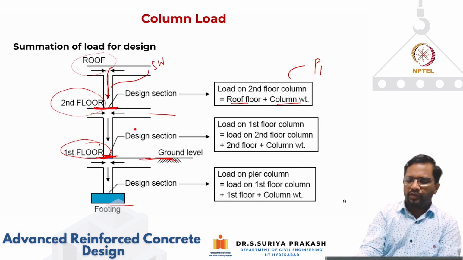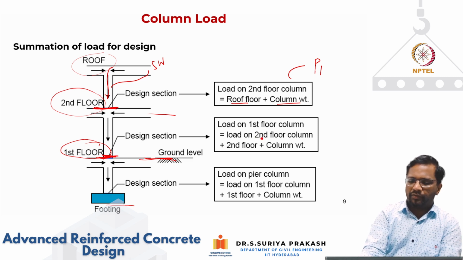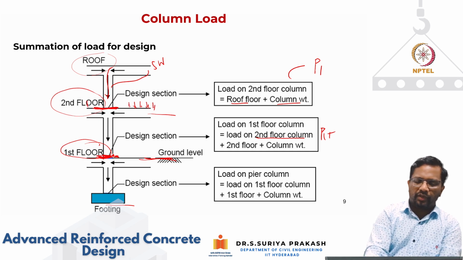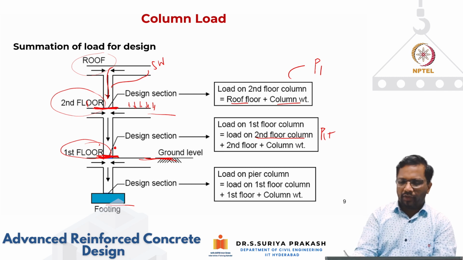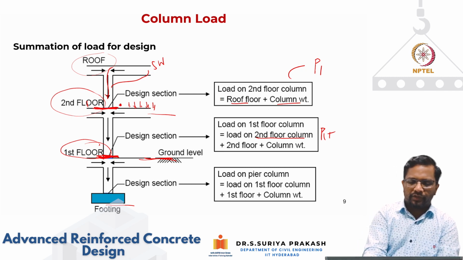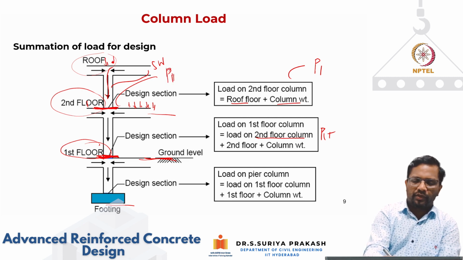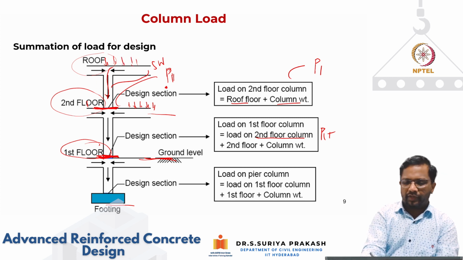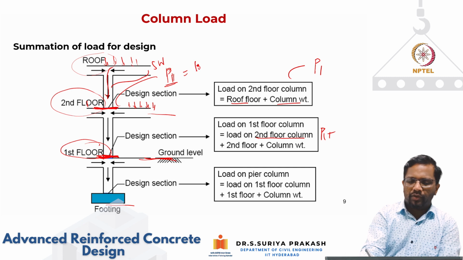Then on this section it is going to be P1, which is the load from the roof plus whatever additional external load is applied here, plus the self weight. That is P1, right?